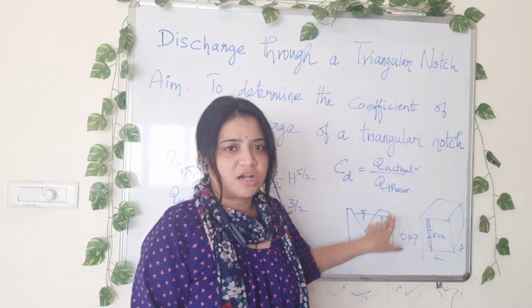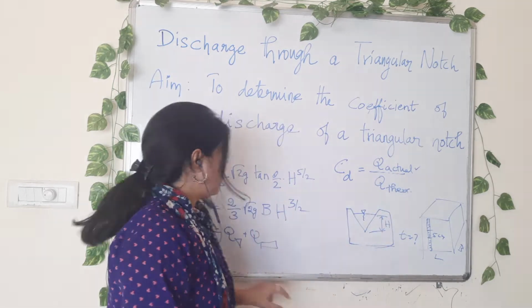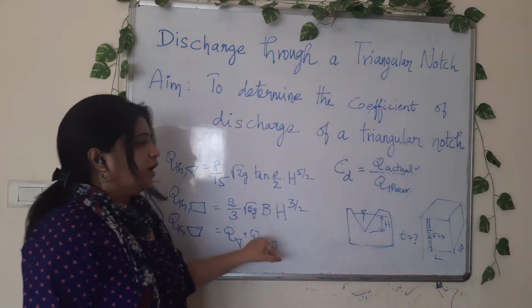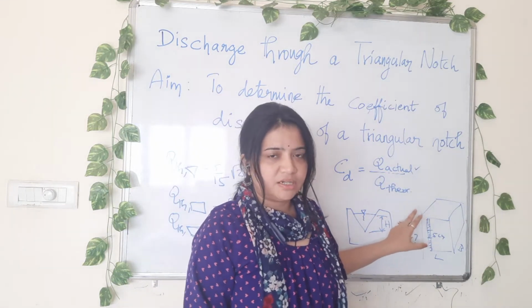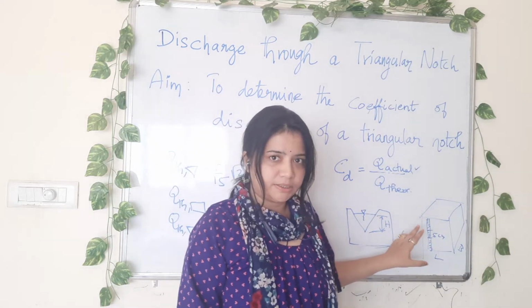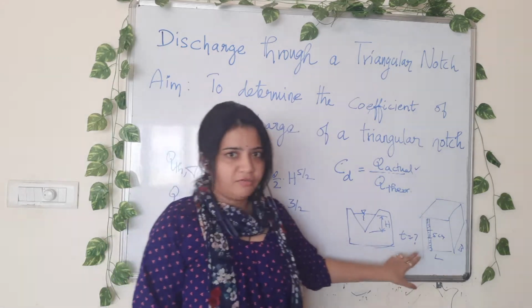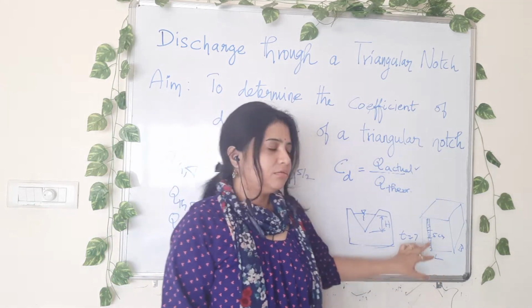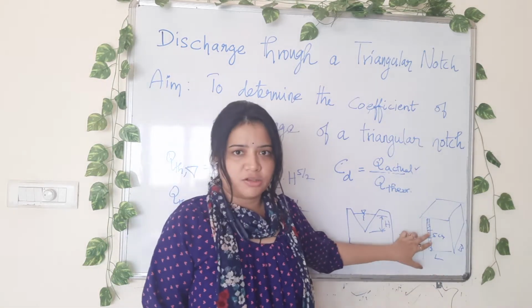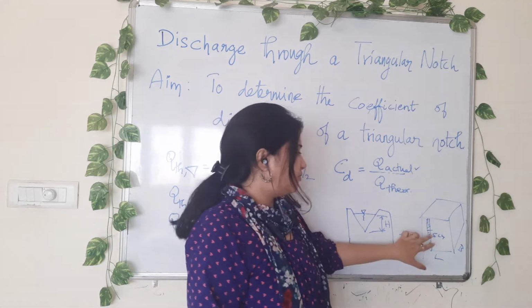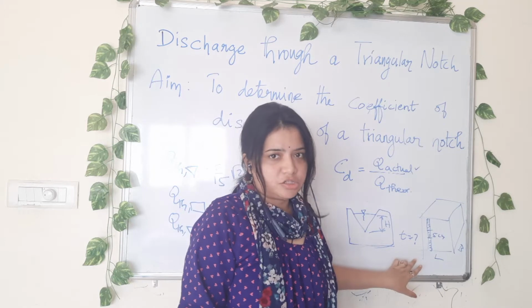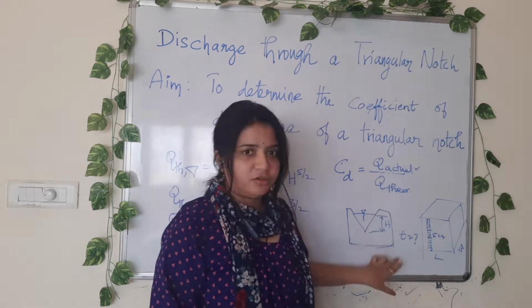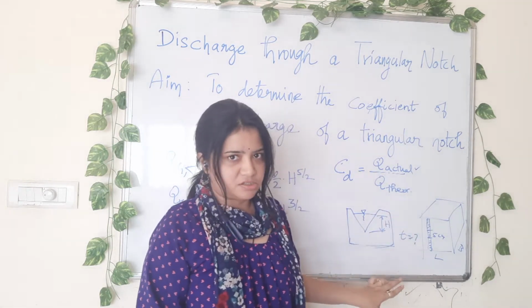The actual discharge is given by the formula: the area of the tank times the height difference, which is capital H, divided by the time taken, right? The area will be constant. The capital H, we will keep constant at 5 centimeter, and we will see how the time is changing, right? So at different values, we will have the actual discharge.